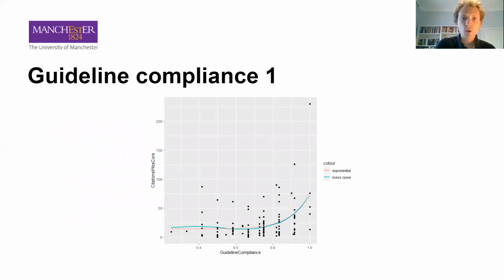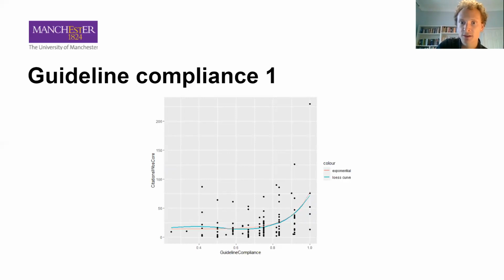Plotting this, the guideline compliance along the bottom is the percentage of guidelines complied with. You can see there are 12 columns almost of dots where the instances occur. And then there is the lowest curve, which is almost like a rolling average of the number of citations, which is on the y-axis.